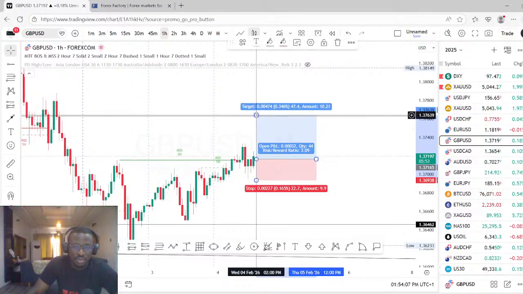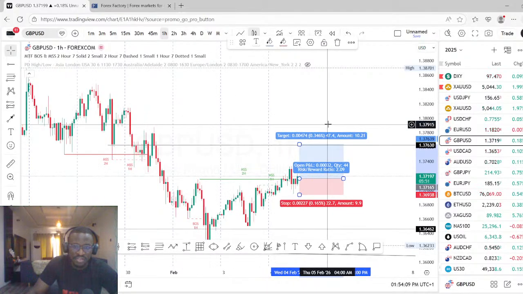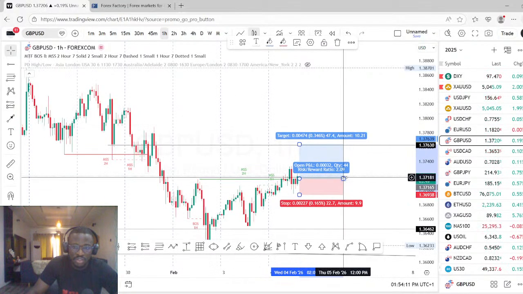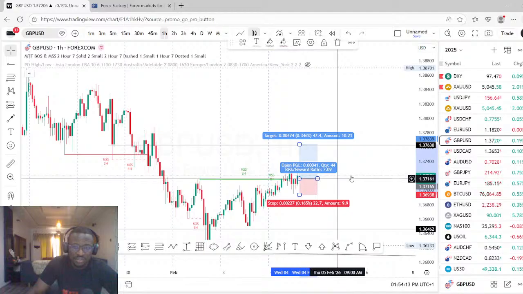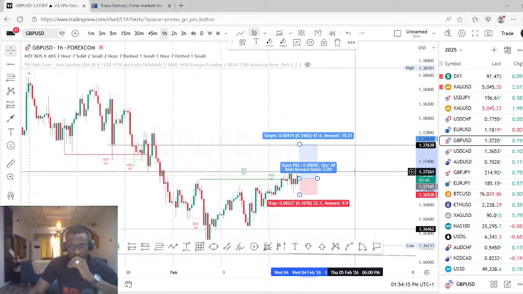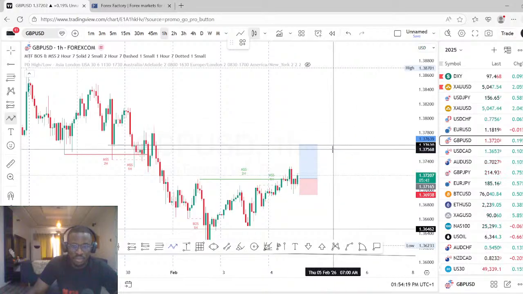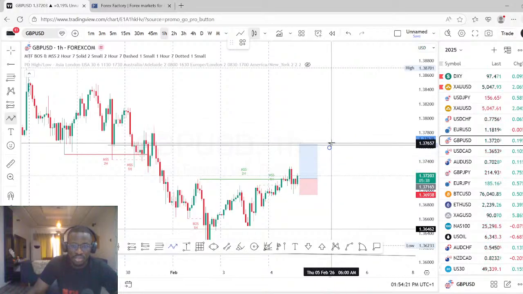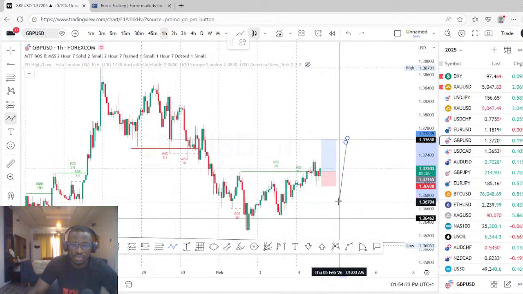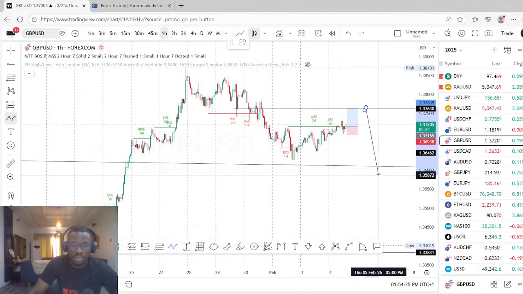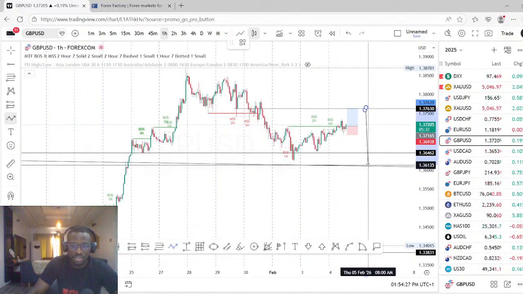Okay, so when price arrives at this zone, the only thing you should start looking forward to doing is to look out for sells. So I'll be looking out for sell opportunities from this level, and I'll try as much as possible to take my first TP, my first profit, around this region.